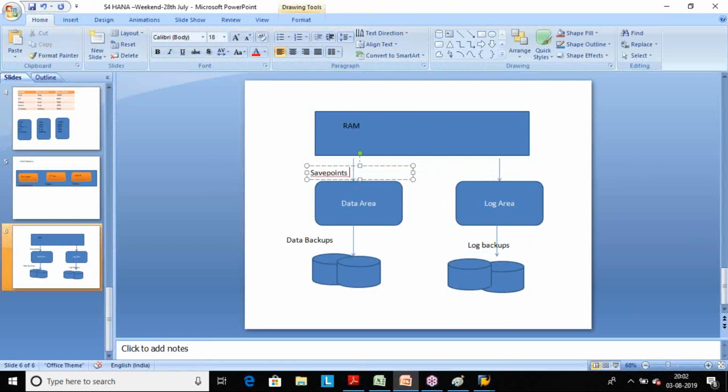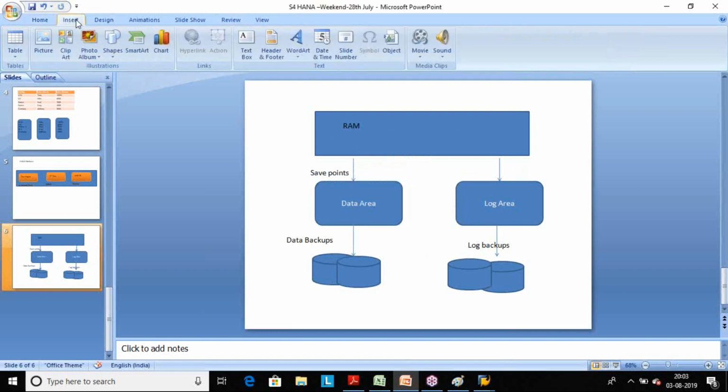So what is Savepoint? Within 1 second, multiple times, the system is automatically taking screenshots, capturing the data. So if something happens, we can retrieve the data and start from that point. That is why we say SAP HANA is always running.